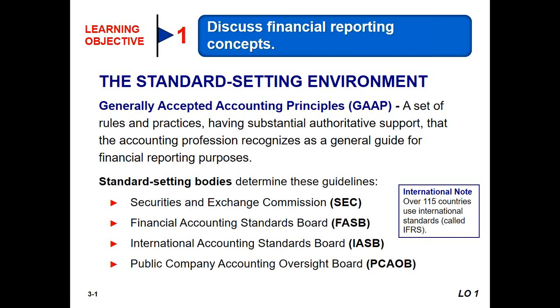And then internationally, we have the International Accounting Standards Board and the Public Accounting Oversight Board. As GAAP falls under FASB, under the International Accounting Standards Board, we have, I call it IFRS, it's the International Financial Reporting Standards.